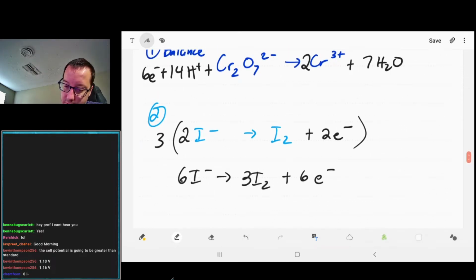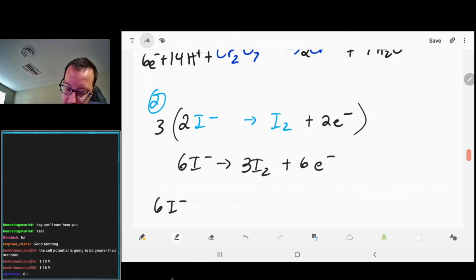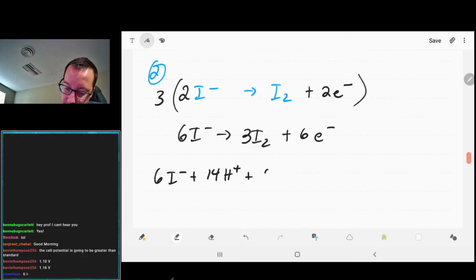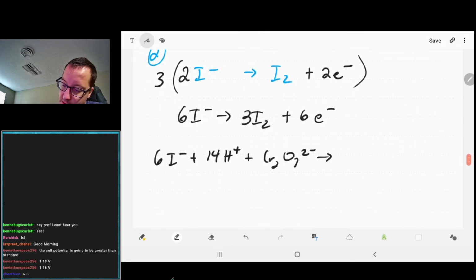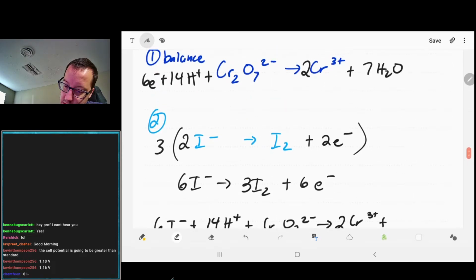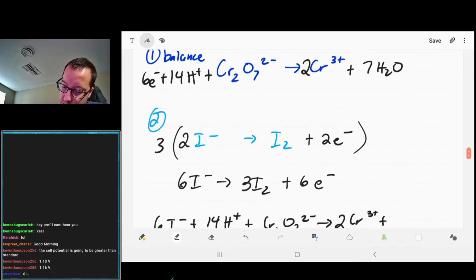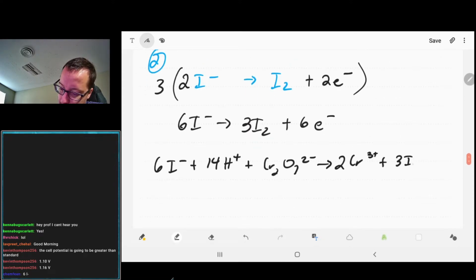So if we add all this stuff, we get 6I minus plus 14H plus the dichromate turns into 2 chromium 3s plus 7 waters and 3 iodines. Okay. So we have done our balancing. Definitely going to need a lot of hydrogens here to make things work.